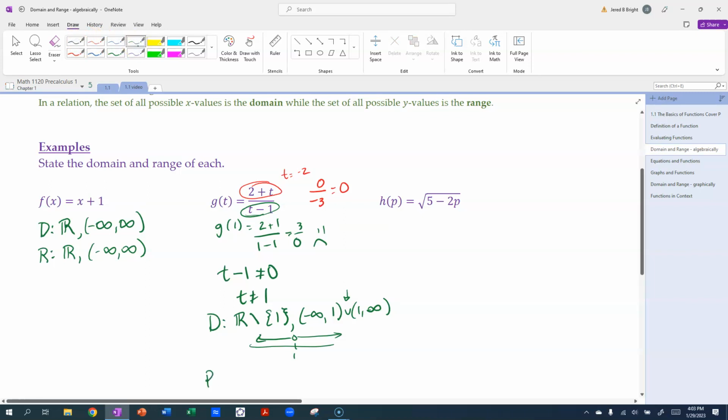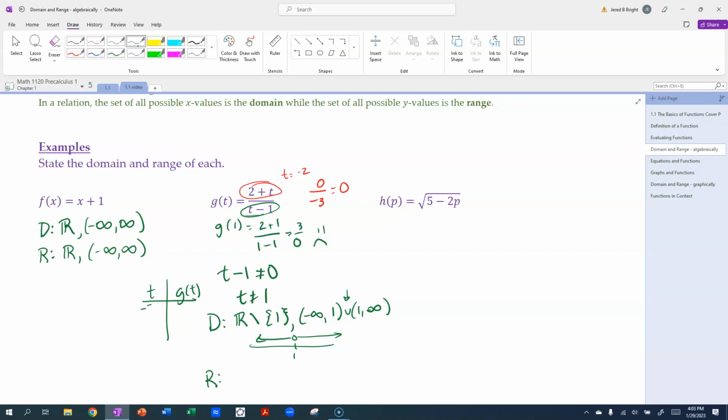In fact, I generally do not like finding the range algebraically, because what you end up doing is literally having to test many values. For this one, I would say do a table of values, a t and a g of t table, and test values on both sides of 1.